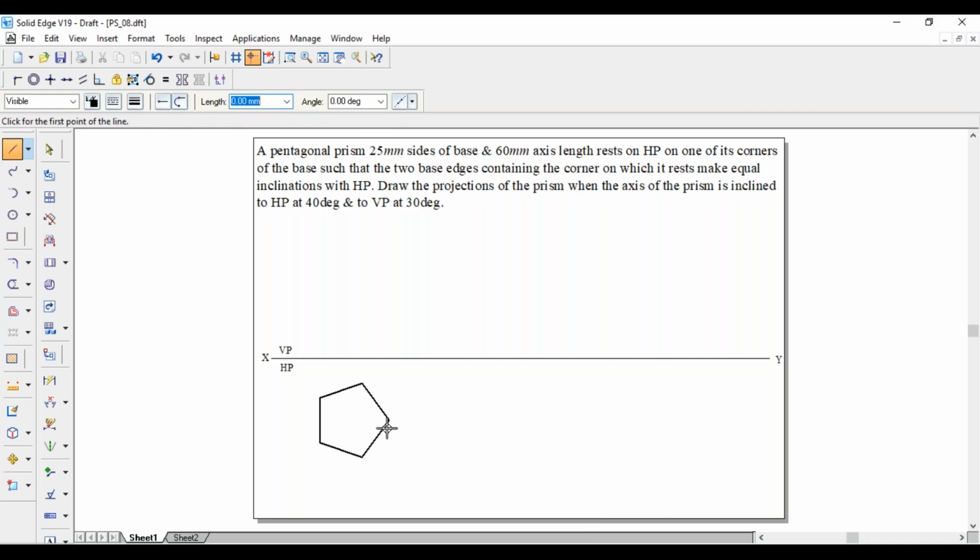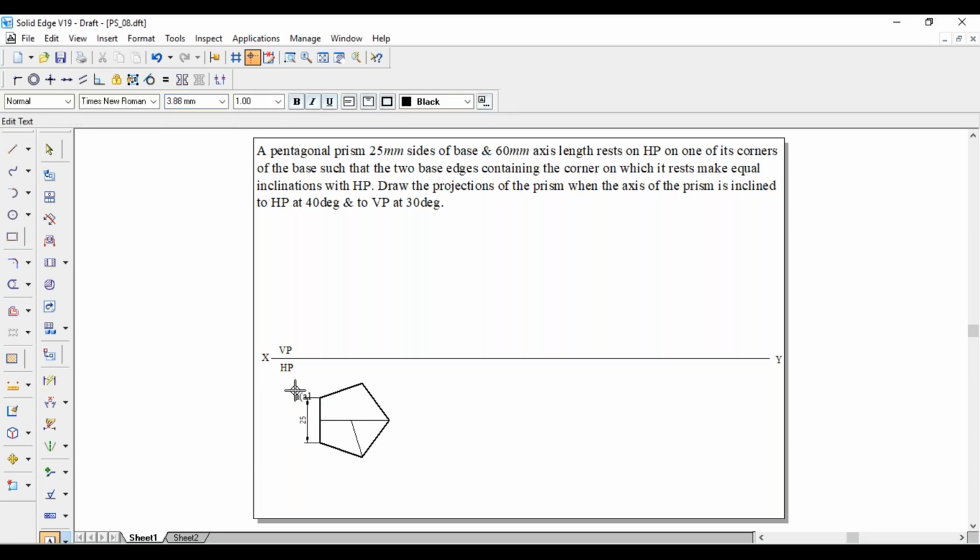Now to get the center, from the corner to the opposite line midpoint, draw a line. Similarly from this corner, opposite line midpoint. So this is 25 mm.